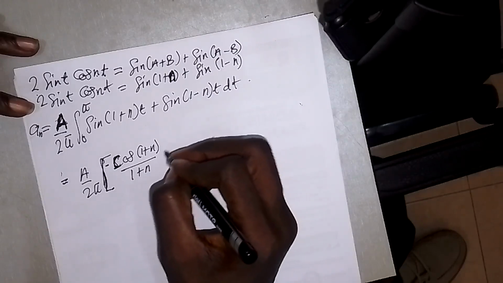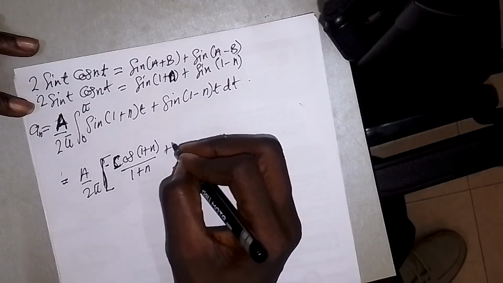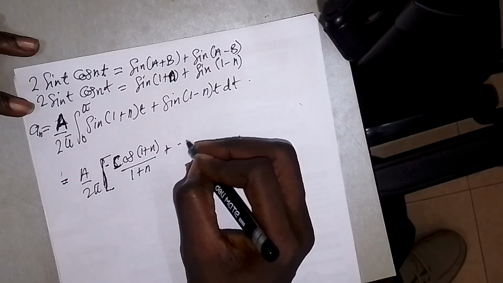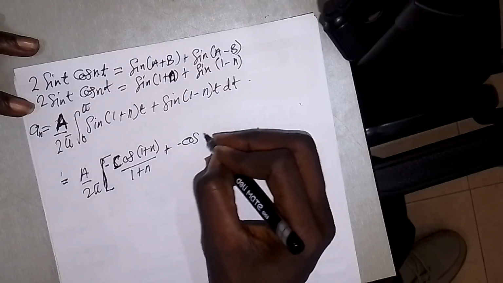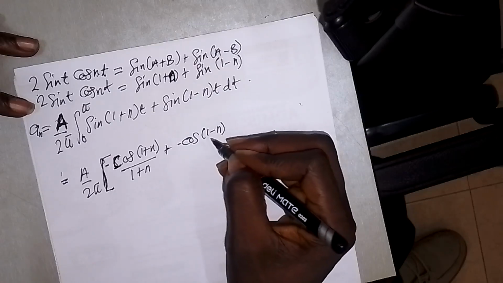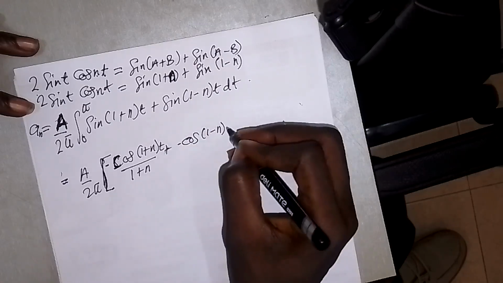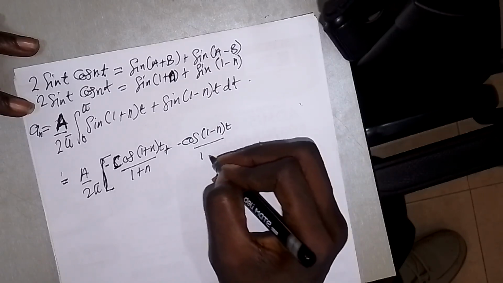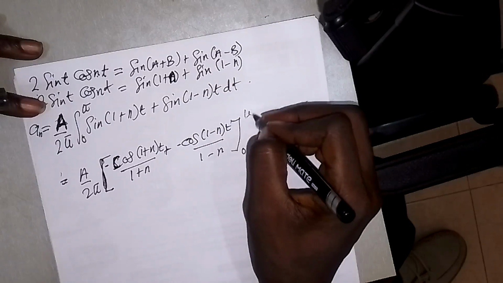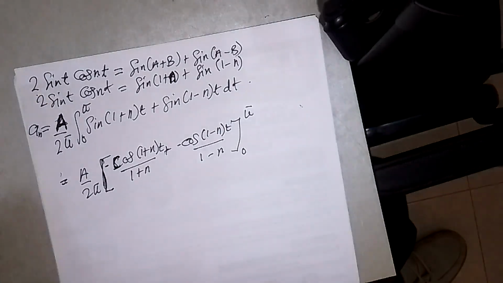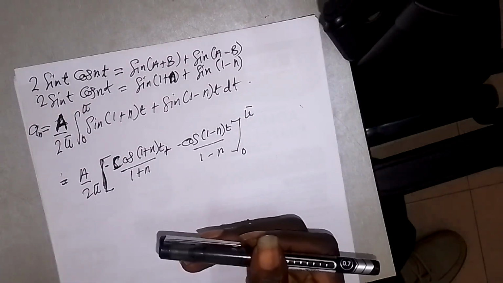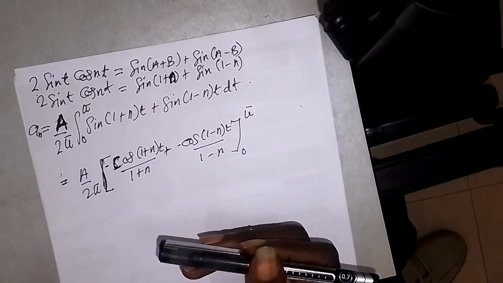And then here it will be negative cos((1−n)t) over 1 minus n, and the limits are 0 and π. So that is what I will get at that particular point.